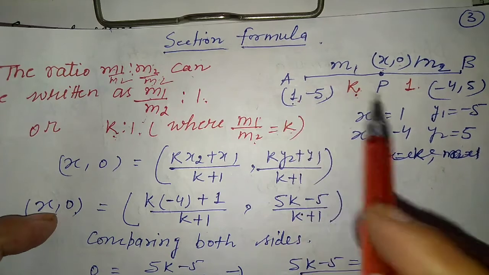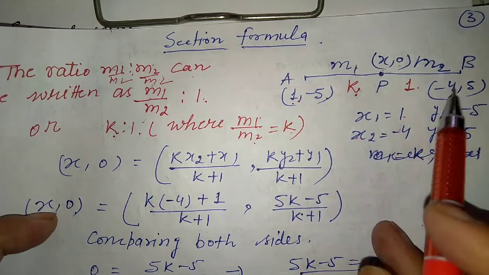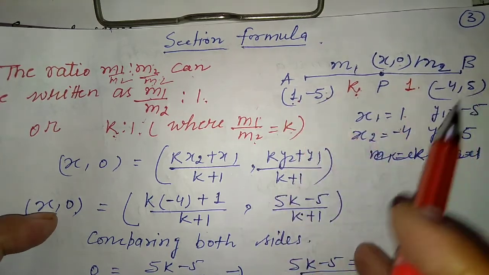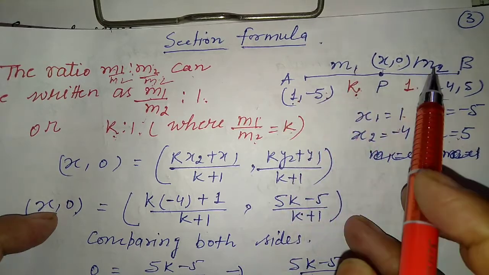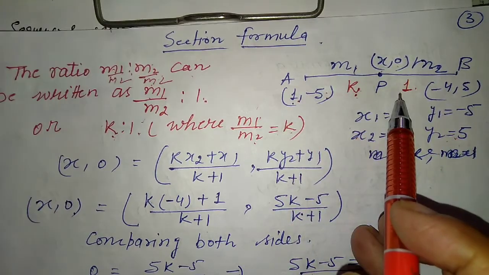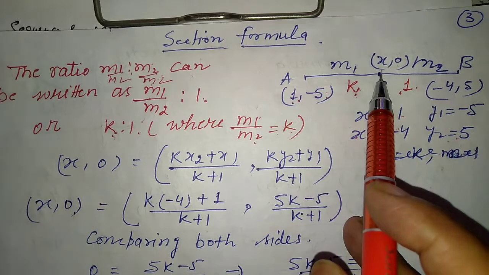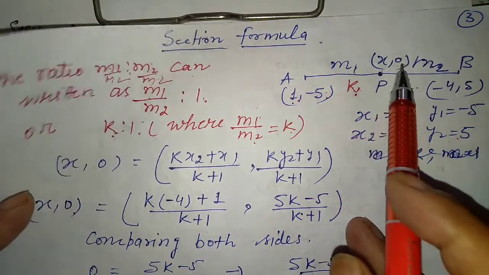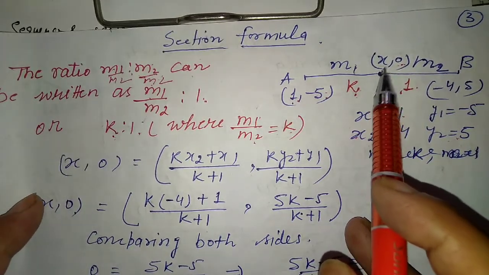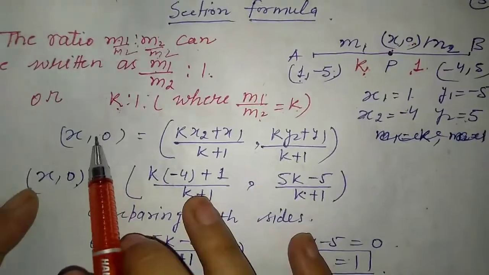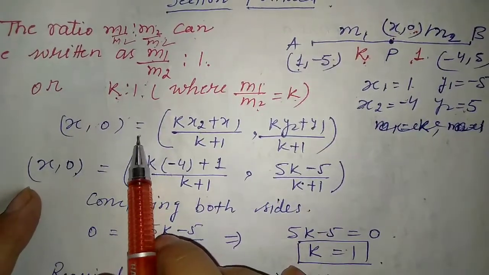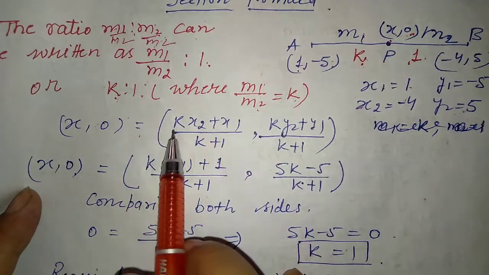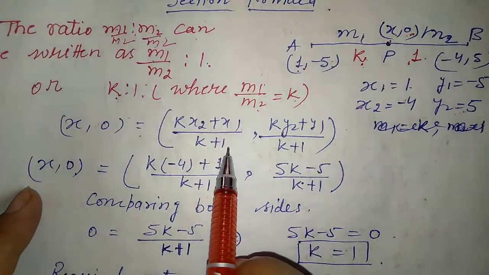x1 is given 1, x2 is given -4, y1 is -5, y2 is 5, and instead of m1 m2 we have written k ratio 1. Because this is divided by the x-axis, y is equal to 0, so the coordinate of point P is x and 0. So x and 0 is equal to the section formula, mx2 plus nx1 upon m plus n.